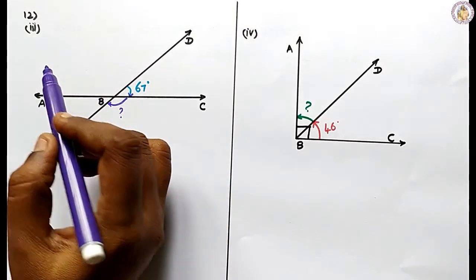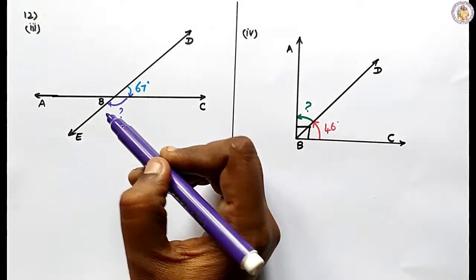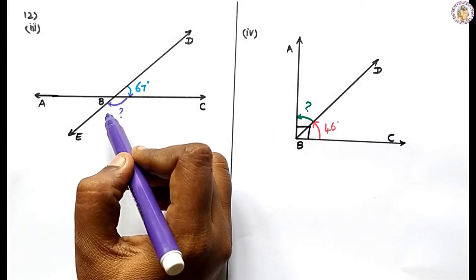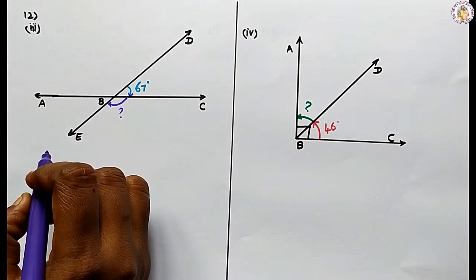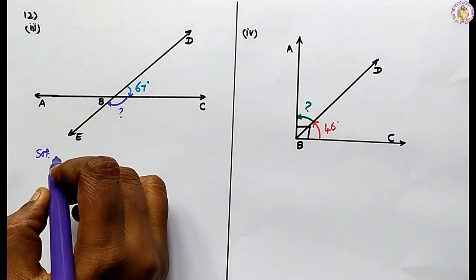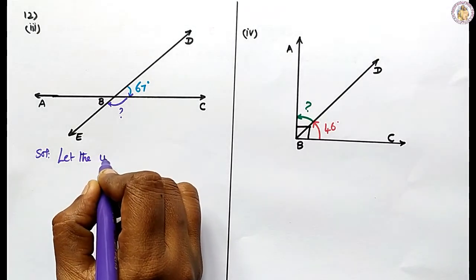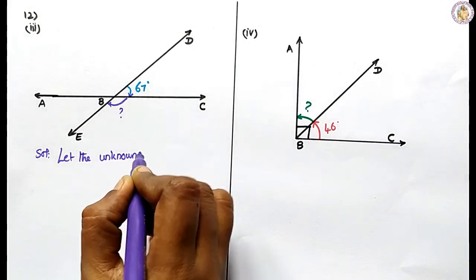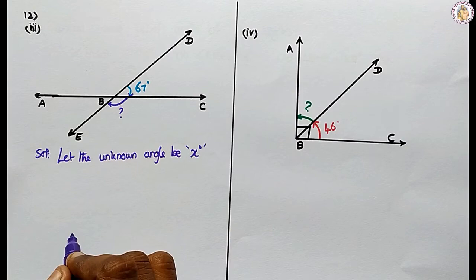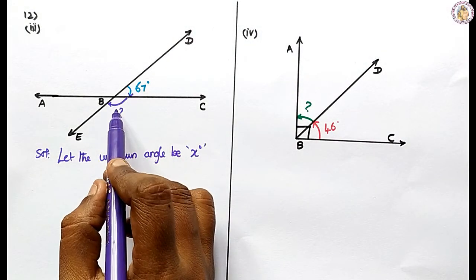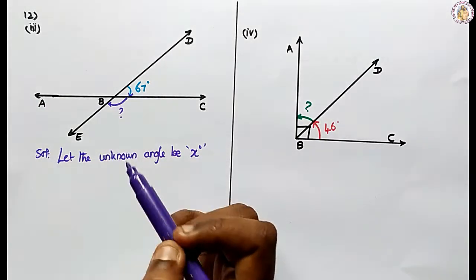12th sum, third subdivision. Listen the figure. DBE is the straight line. So the two angles are supplementary, right? One is 67 degree, another one we want to find out. Let the unknown angle be x degree. So we add these two angles, supplementary means 180 degree.